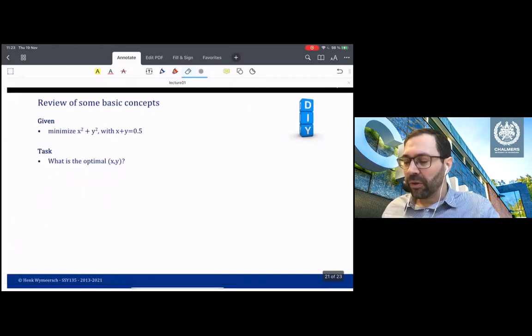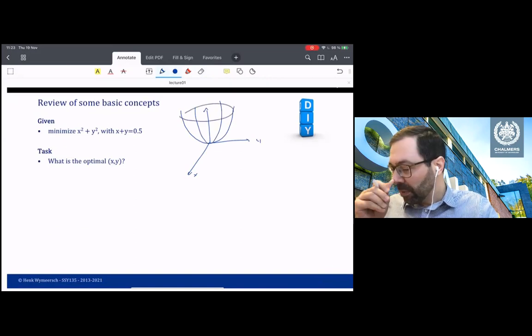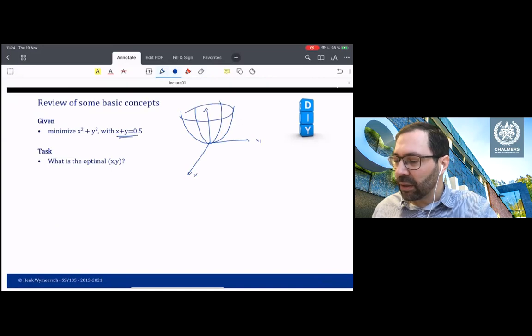So let's suppose we want to minimize this function, x squared plus y squared. Let's see, you have x and y. Then the objective function looks something like this. It's some kind of ball. We want to minimize this function with this constraint. And this constraint says that x plus y should be equal to 0.5.